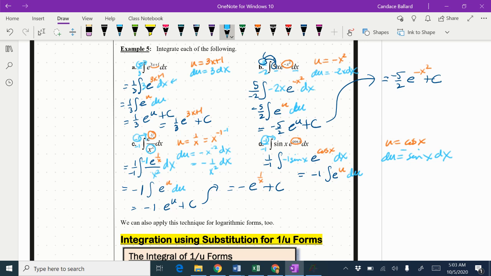So we've got negative 1 e to the u plus c. So we get negative e to the cosine x plus c, substituting my u back in.